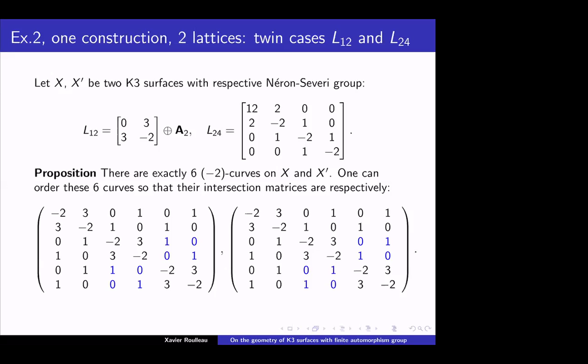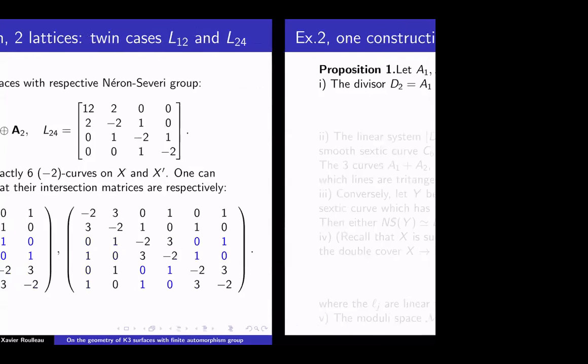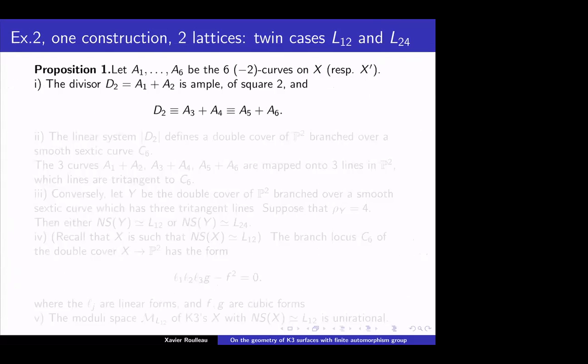So there is very little difference between these 2 intersection matrices, and both K3 surfaces have a finite number of minus 2 curves, which is 6. Let me continue on the properties of that K3.